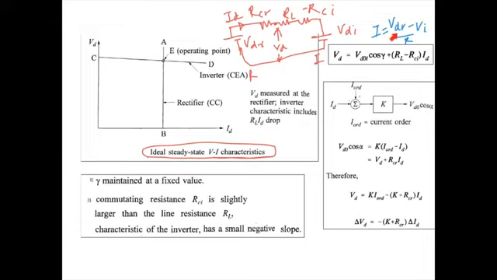So the VI characteristic of the HVDC link is essentially the relationship between Vd and Id. And Id depends on the DC voltage on the rectifier side, the DC voltage on the inverter side, and the resistance of the whole link, which comprises rectifier resistance, inverter resistance and the resistance of the line. The denominator is generally constant. When there are changes on the rectifier side or inverter side, this current Id will change, and it is desired that the current Id should remain constant.